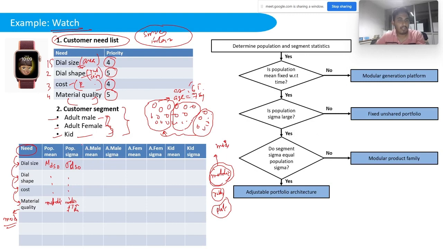Then next, you consider the segment-wise mean and sigma. For segment-wise, for example, this is adult male. For a size, for example, if the population size is 50 centimeter square and population sigma is 5 centimeter square, this is just the area, I'm defining this by area.